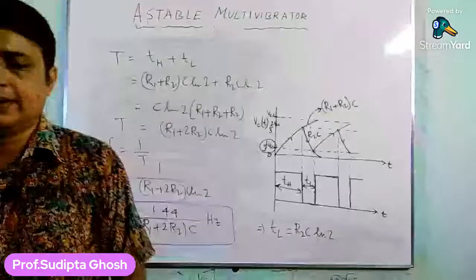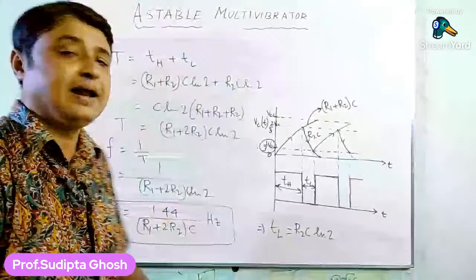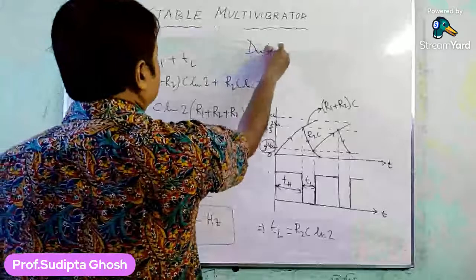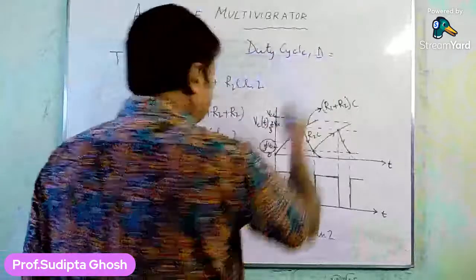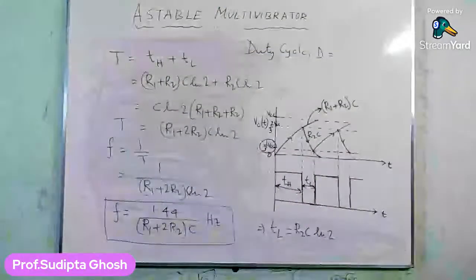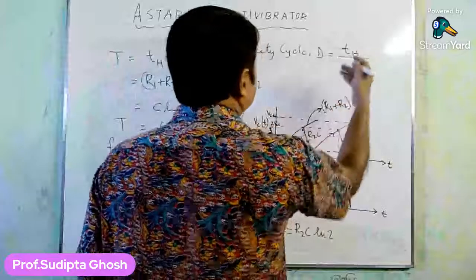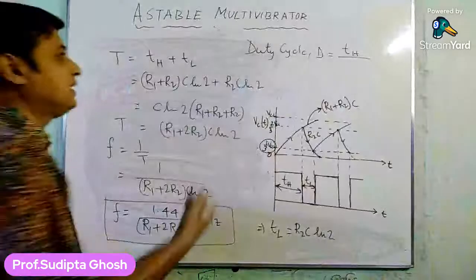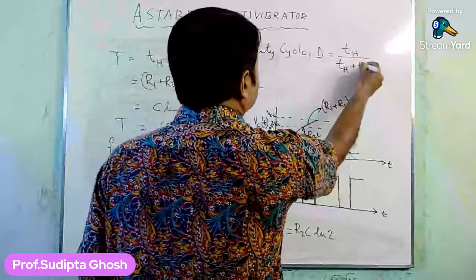The last thing for this lecture, to conclude, is another parameter to be calculated, known as the duty cycle, or capital D. For any waveform generator circuit, the duty cycle is calculated as TH divided by TH plus TL.